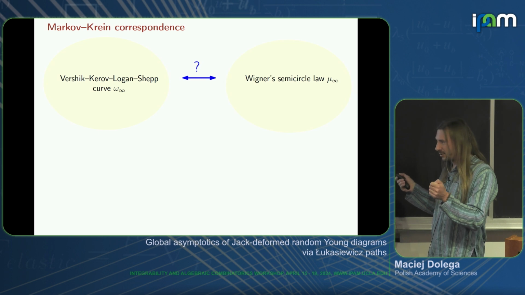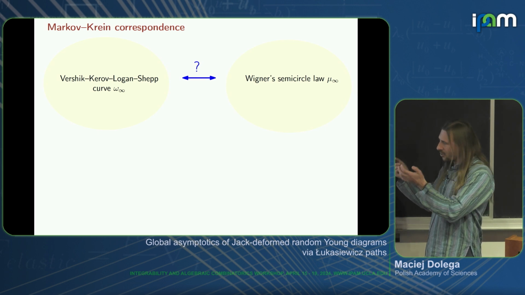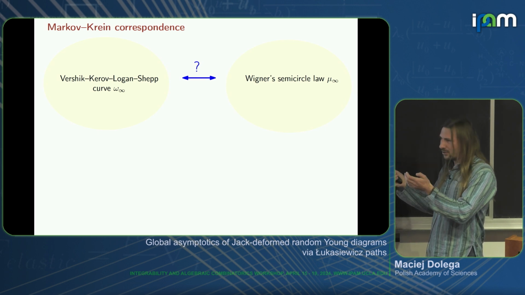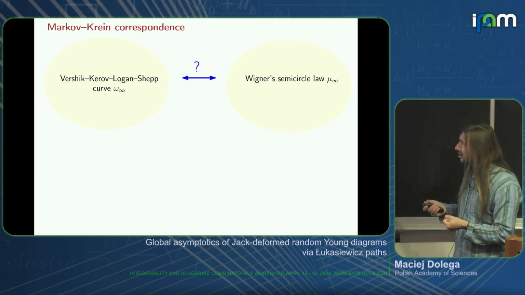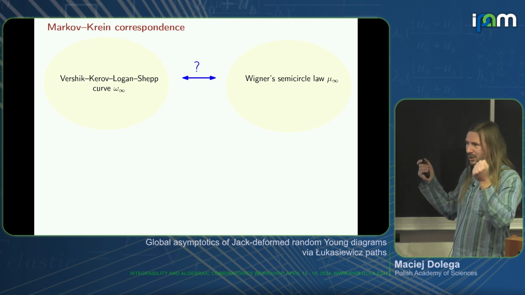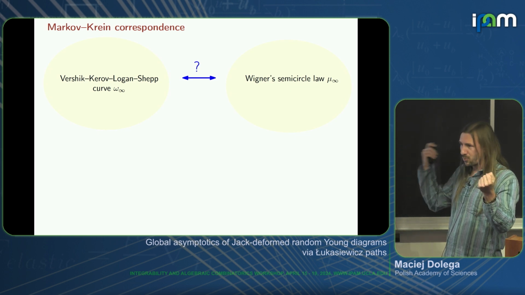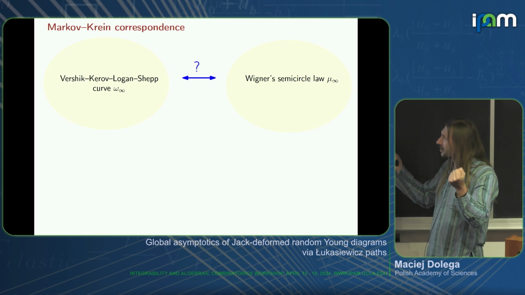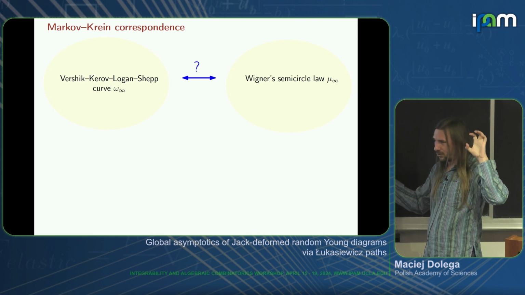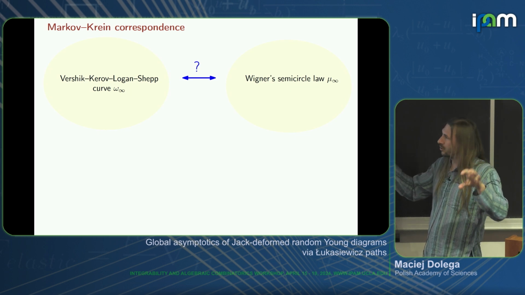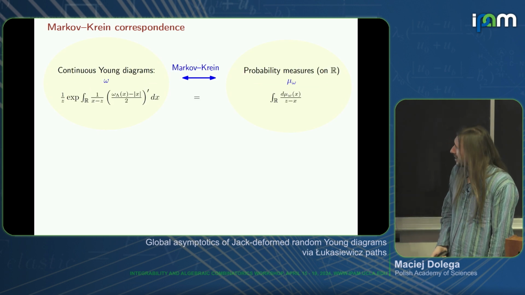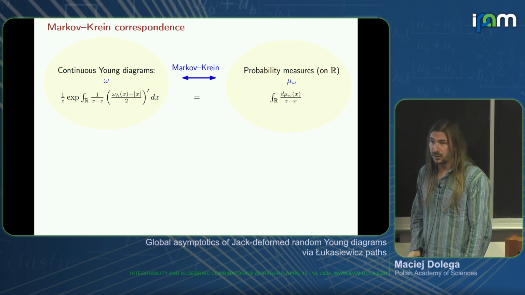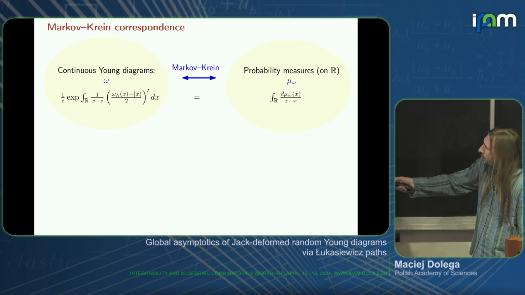So I actually didn't tell you this, that the similarity is not only that we have a limit shape, but actually the similarity is much stronger. So there is a correspondence between continuous Young diagrams and probability measures, and this correspondence gives you that if you look at the corresponding measure to the Vershik-Kerov Logan-Shepp curve, it is precisely Wigner's semicircular law.